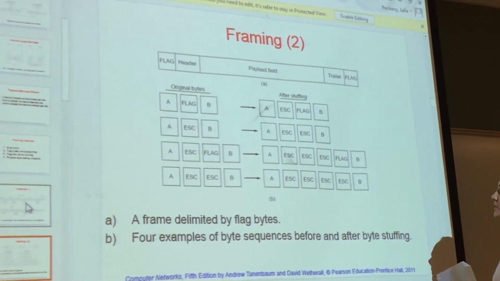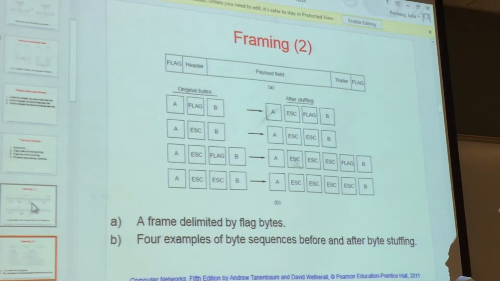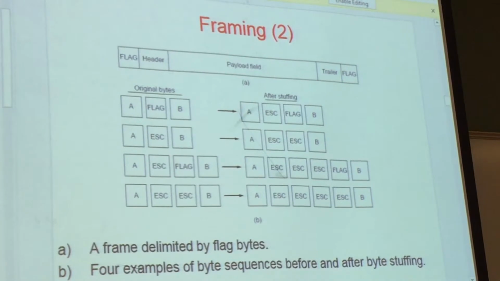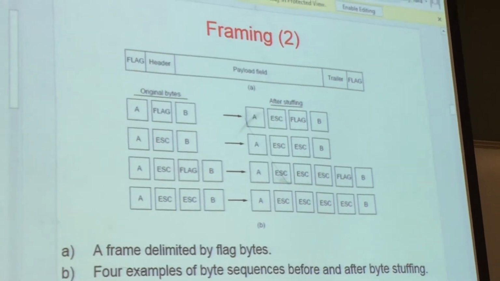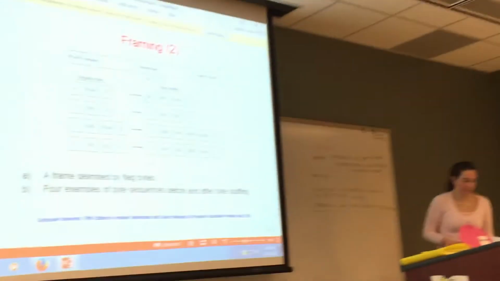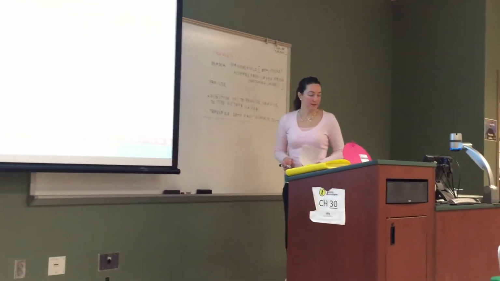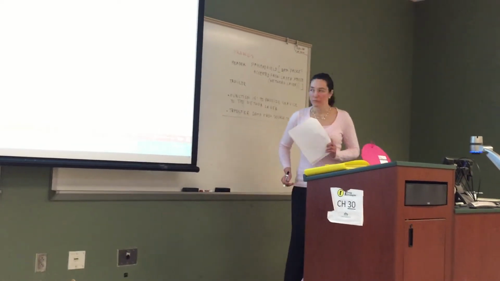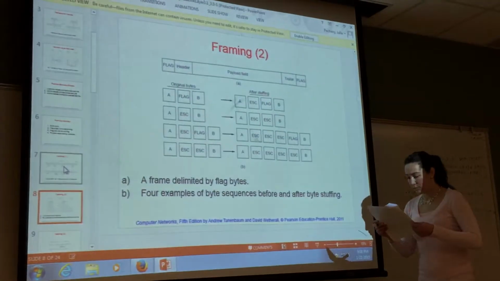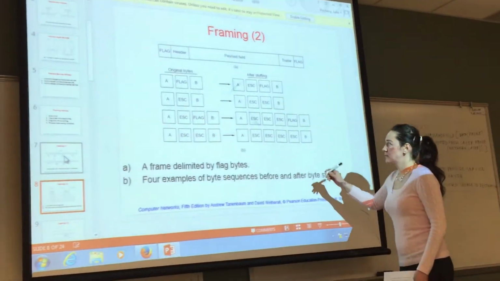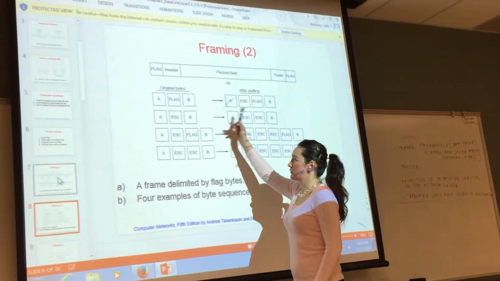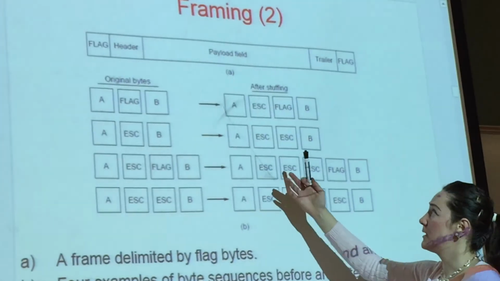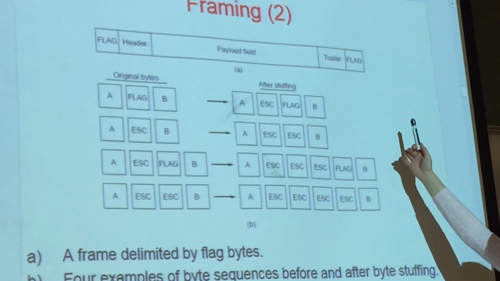In these methods, we stuff particular byte sequences, which are called escape characters, to show that, for example, there's a flag in the middle of the data. That's like the flag showing the beginning of the frame and the end of the frame.